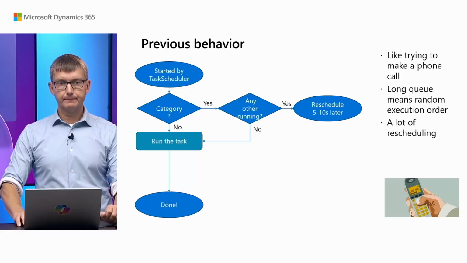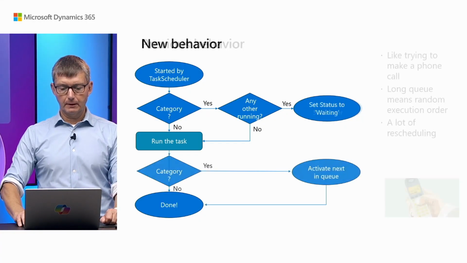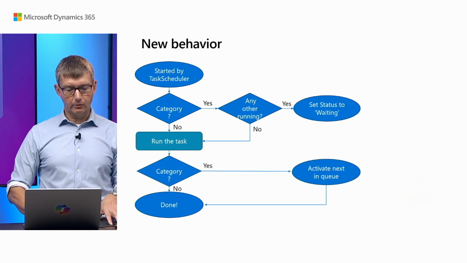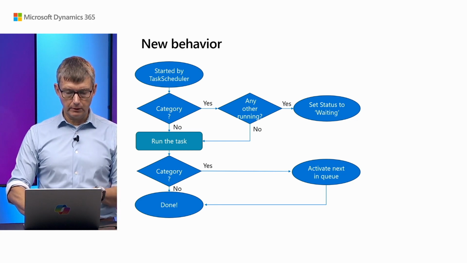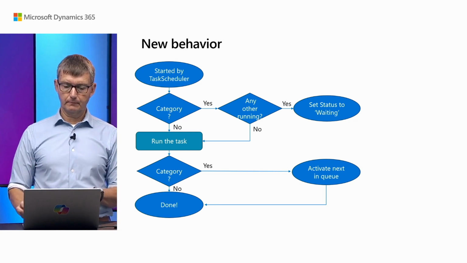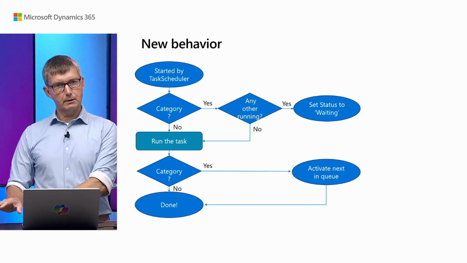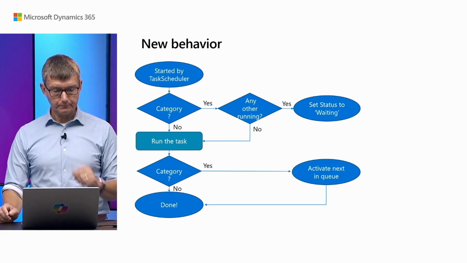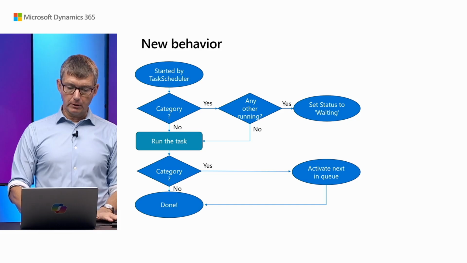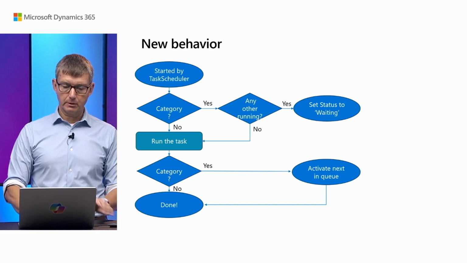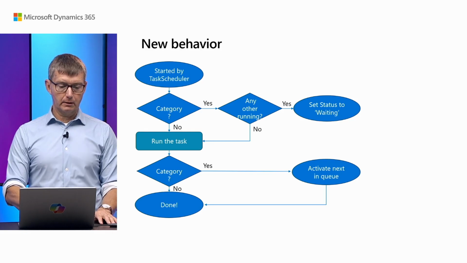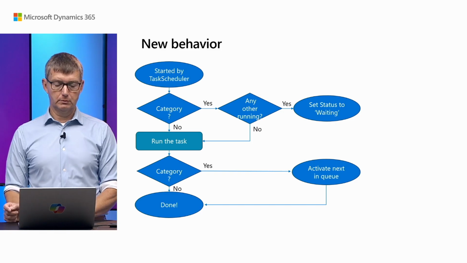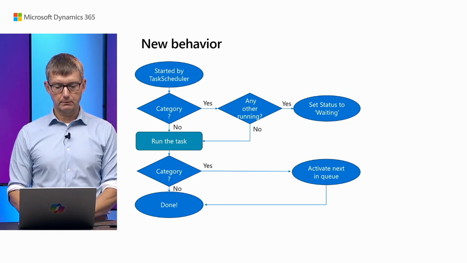So if you remember this schema, the normal flow is the same, but if there's a category and someone else is running, then we go to sleep. So we set the status to waiting and we schedule a task that is not ready. And then we actually don't do anything more. The process that was running, remember, when they're done, will go out and say, activate next in queue, meaning you or someone else.